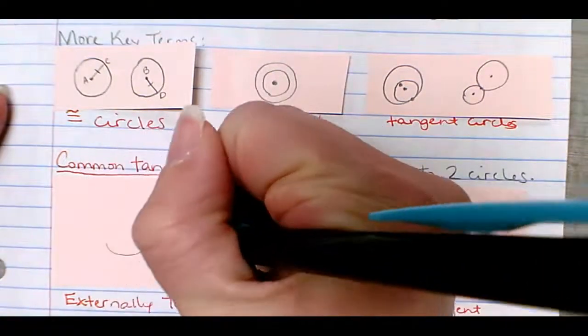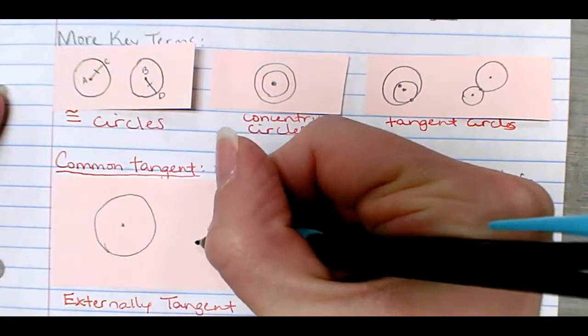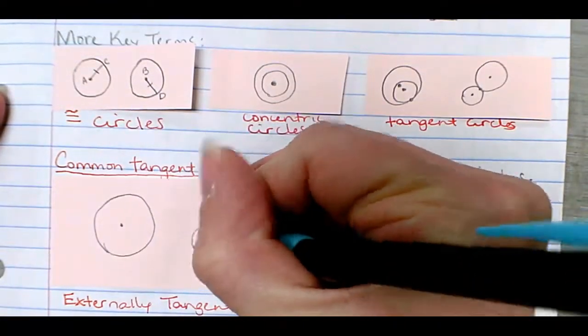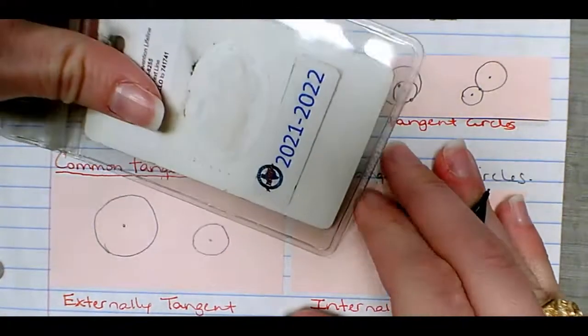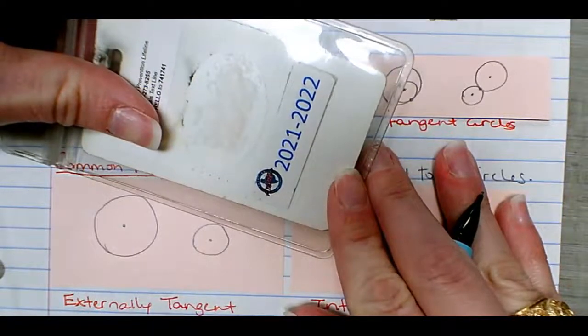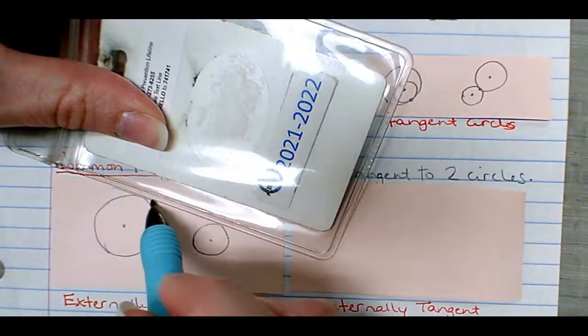For externally tangent, I want you to go ahead and draw two circles. They can be different sizes if you wish. And remember that tangents will only touch at one place, so I want you to use your straight edge and touch the circles at only one place and draw your tangent.